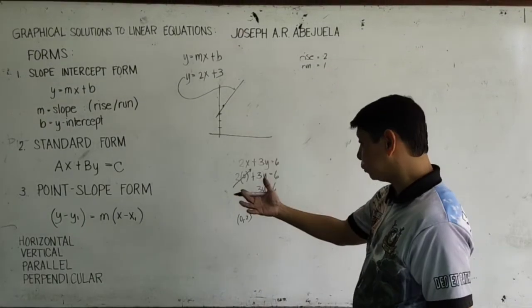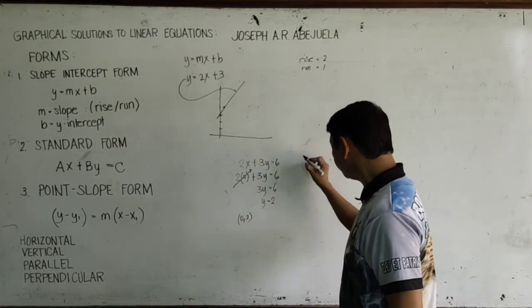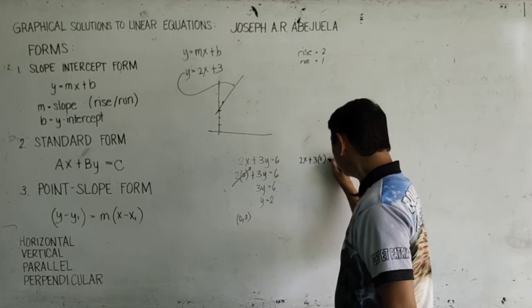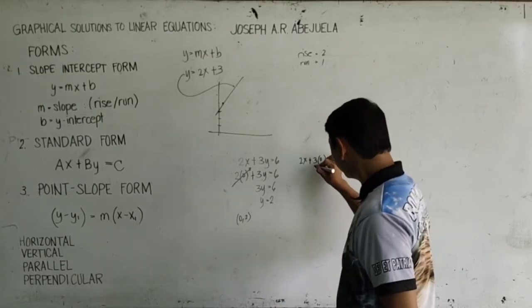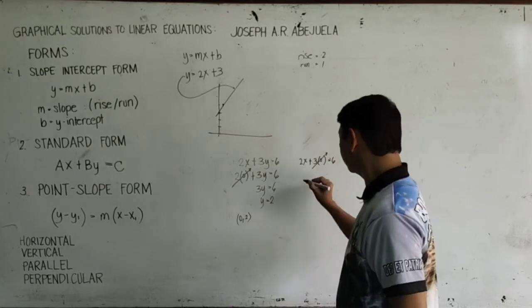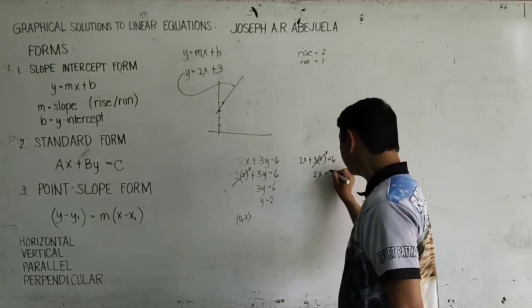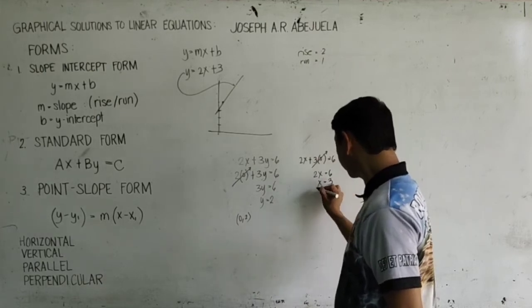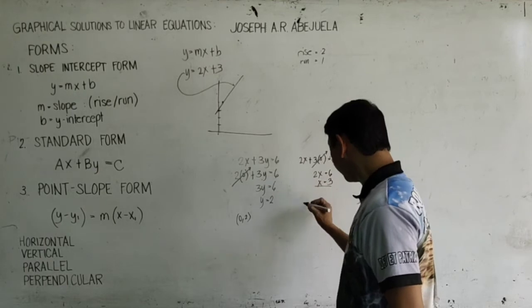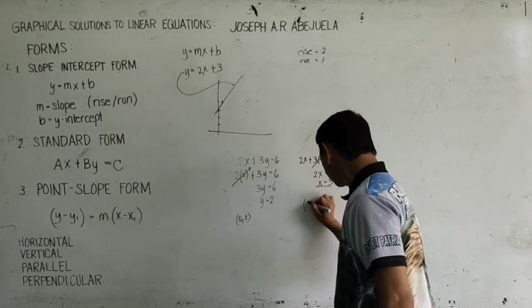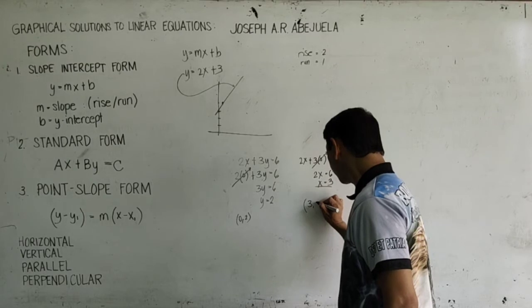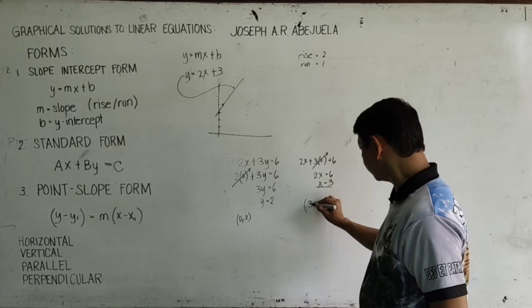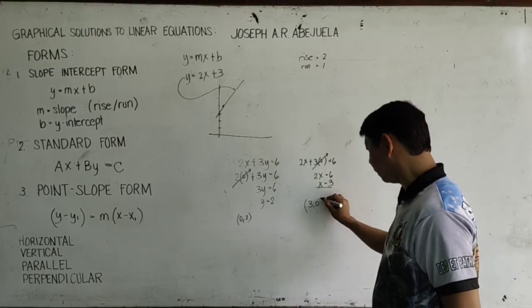So, substitute 0 for y in this equation. We have 2x plus 3 times 0 equals 6. So this one will be cancelled out. 2x equals 6. Therefore, x is equal to 3. So we have the point (3, 0). Okay?